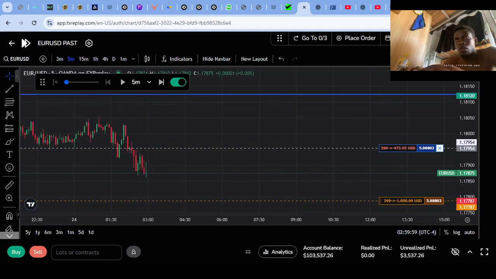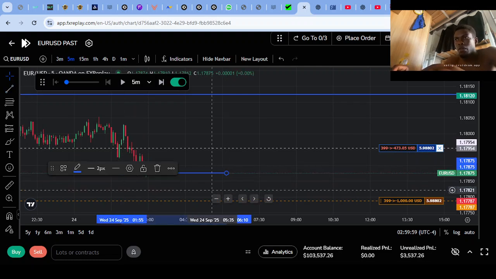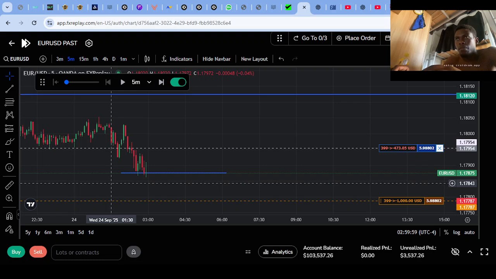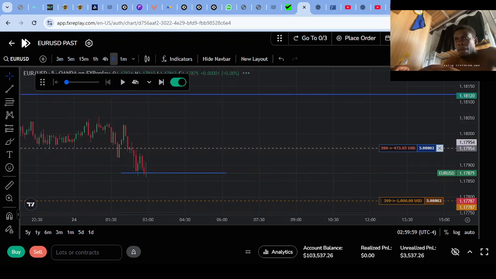Okay, so what we about to do here is mark the start of the London. We want to make sure that we buy at the start or below or above, depending on the situation.